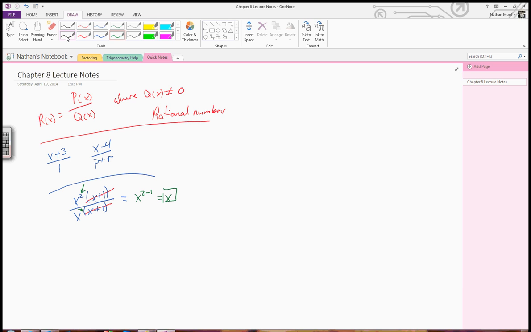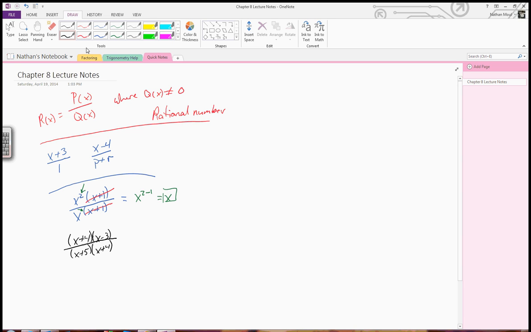Let me grab the black here so I can break the screen up just a little bit. So let's say we have something a little bit more difficult, not too insane: x minus 3 times x plus 4 over x plus 5 times x plus 4.